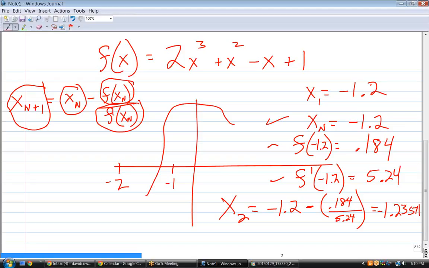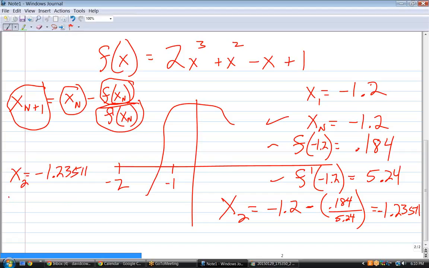In other words, right, we're honing in on the solution with just a second iteration. Okay? So now we have over here on the left, I'm going to say x sub 2 equals minus 1.23511.